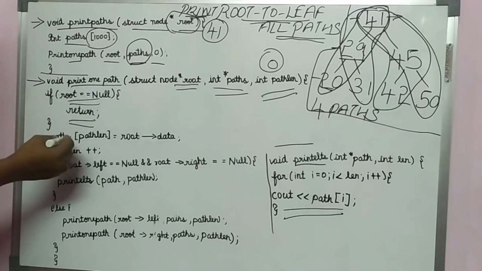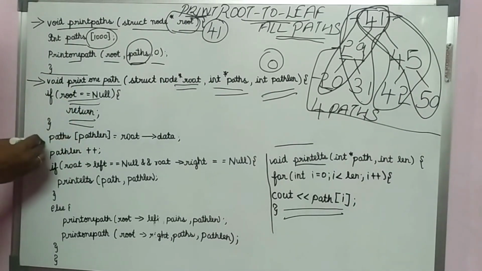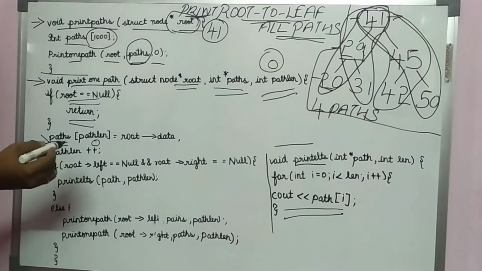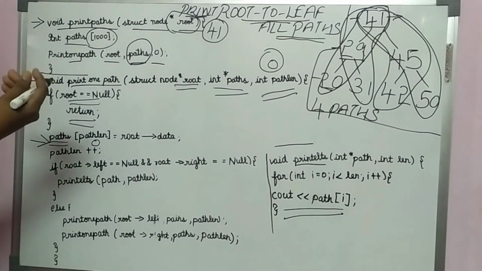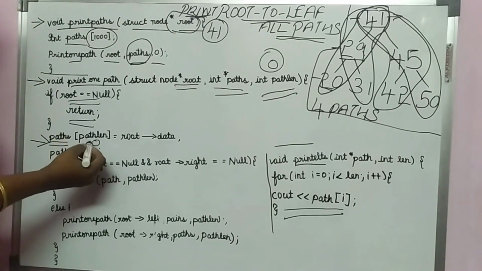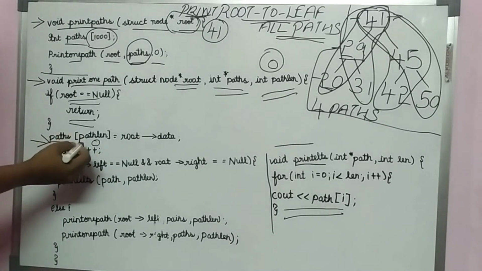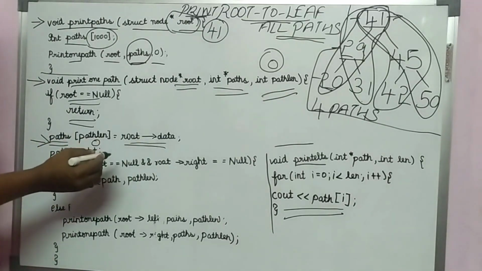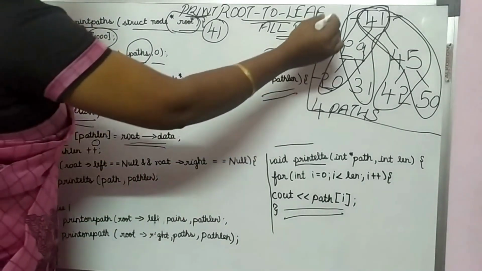If root is not equal to null, the control comes over here. As I said, this path is an array. The initial value of path length is 0, because as of now we have just called this function. This is an array of zeros. In paths of 0, we directly store the value root of data. What is the root value?